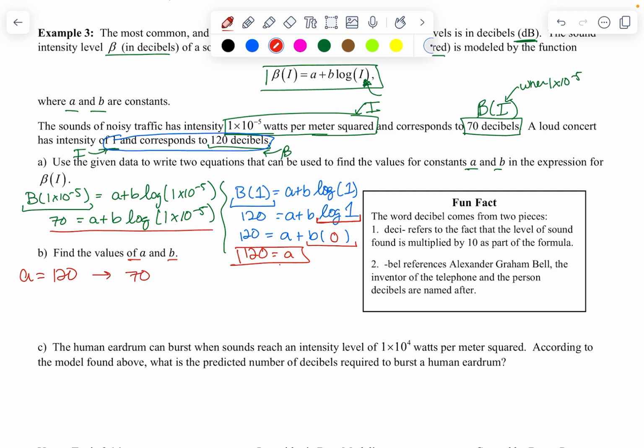So A is 120. And once I find A, which is 120, I can use that in the second equation to find b. So 70 equals 120 plus b. Now remember, 1 times 10 to the negative fifth is basically the same thing as what?